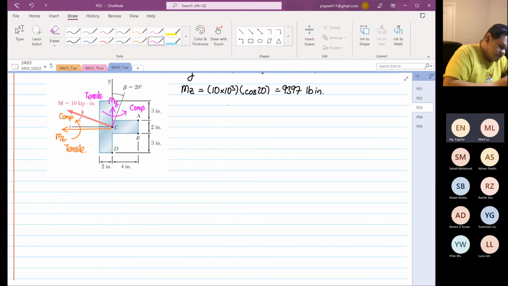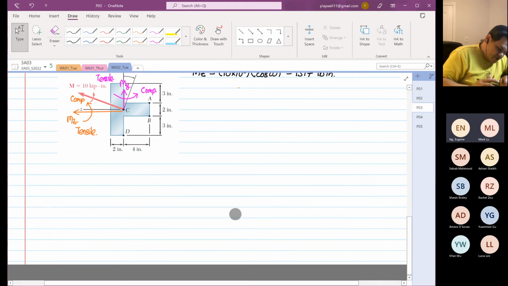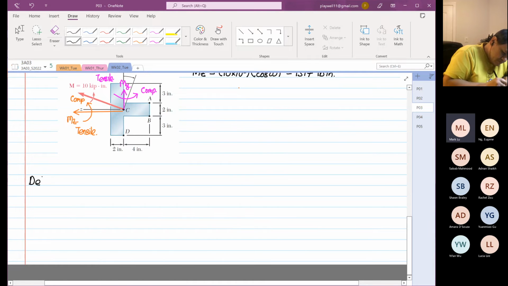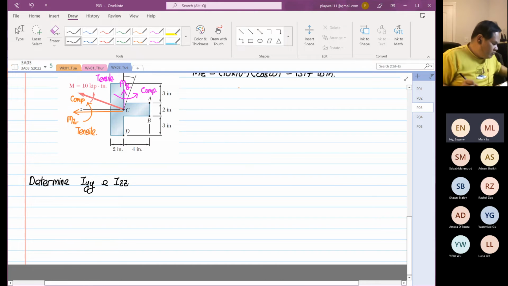Okay. So the next thing we are going to determine is our Iyy and Izz. And I'll write out the general formula.